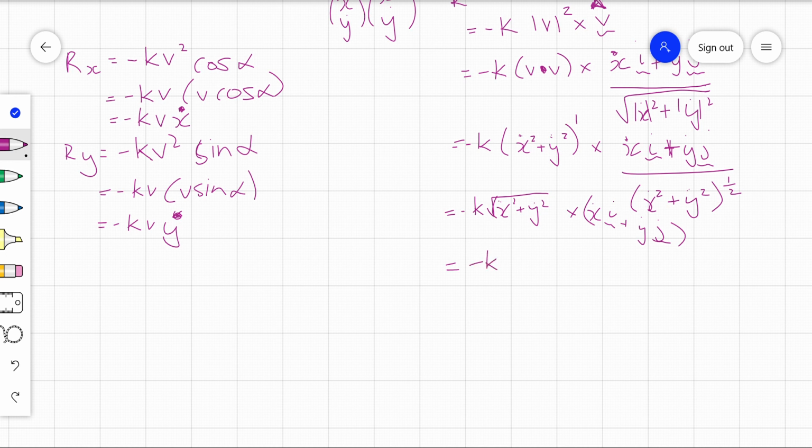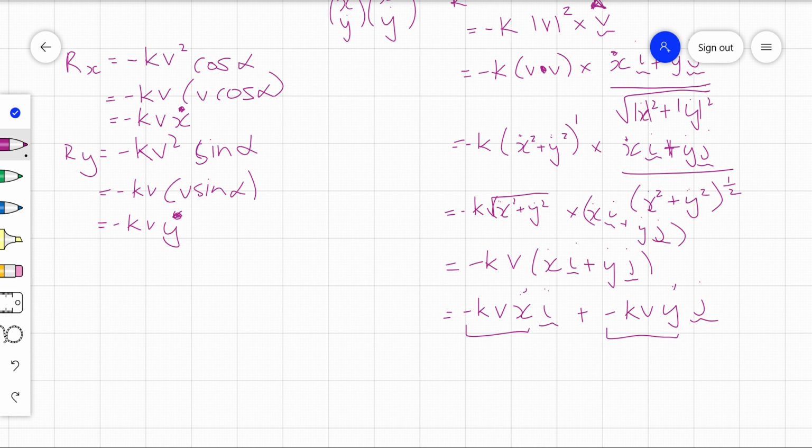Now the square root of x dot squared plus y dot squared is just the magnitude of the velocity, v. And so I've still got x dot in the horizontal, y dot in the vertical. So again, splitting those up into horizontal and vertical components, there's my horizontal component, minus kv x dot i, and minus kv y dot j, there's my vertical component.